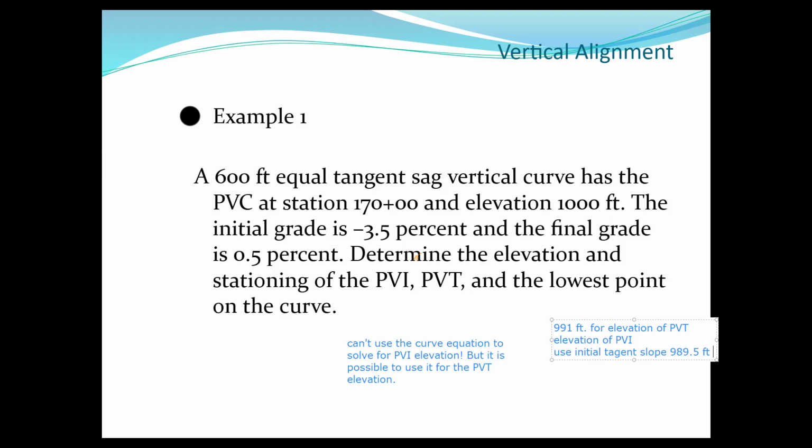And at some point, what would have to happen? If you're going from negative 3.5% to positive 0.5%, somewhere along the way, you'll hit 0, right? Because it's reducing in magnitude.